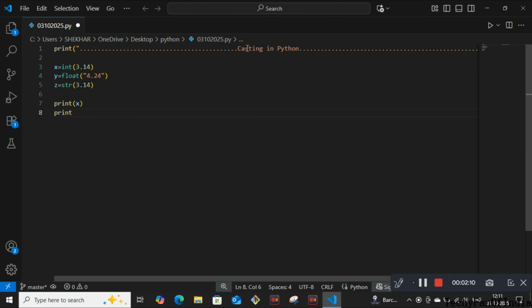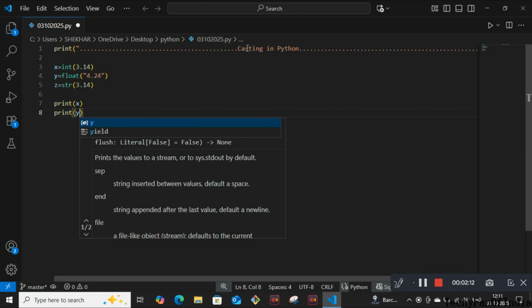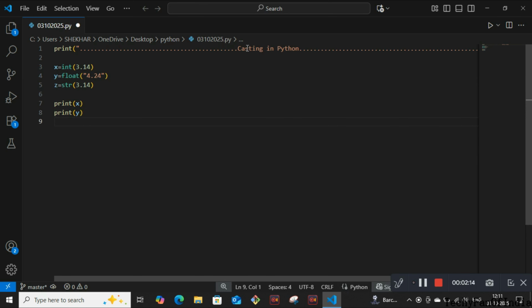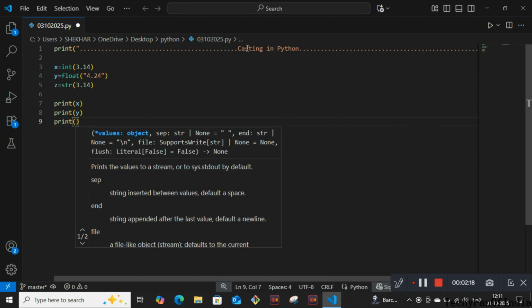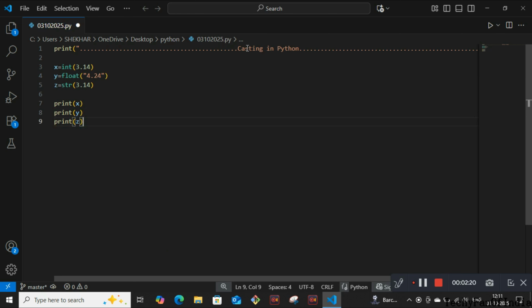We print the value of y, which will print 4.24. Next we print the value of z, which will print 3.14. These three values have 3 types, so we are trying to get the best concept here.